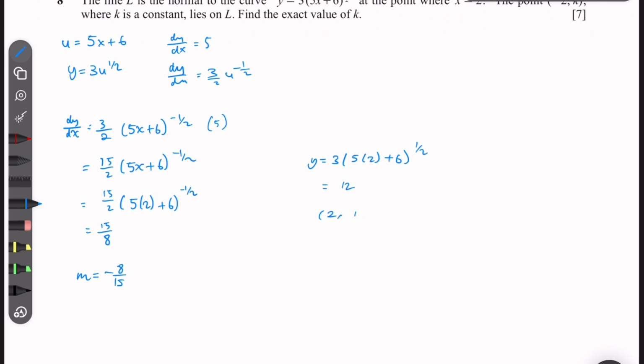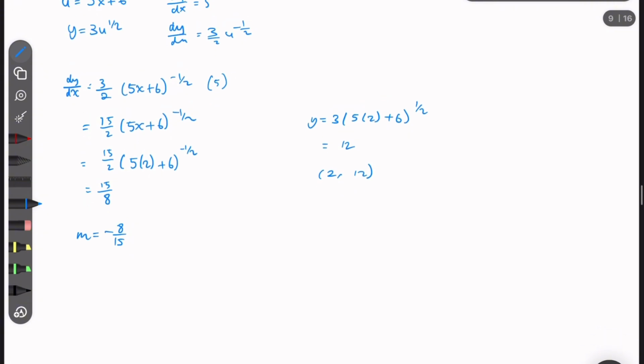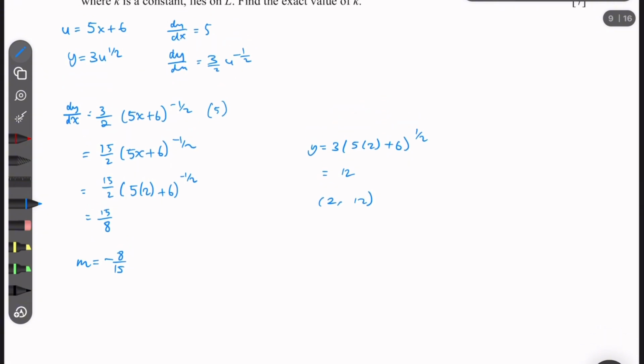So it'll be 212. And then we can get the equation using y equals mx plus c. So let's find the constant.